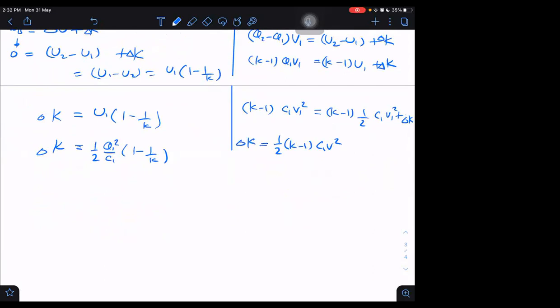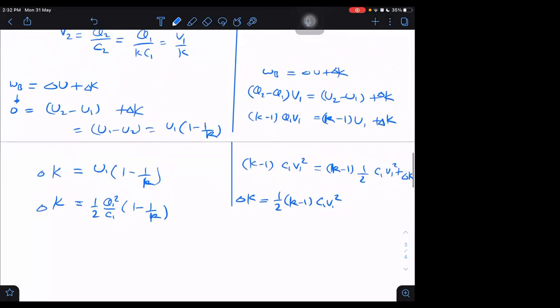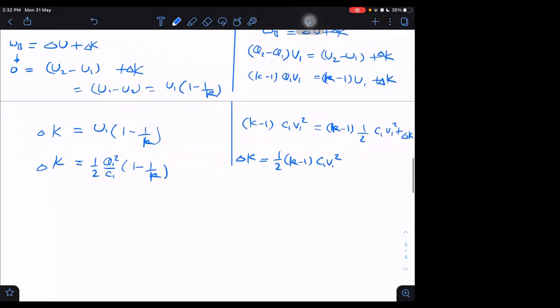This is only delta K. From now onwards I will write k as small k, not capital K, because it is creating confusion. I am not going to change it in all the places. Here in these last steps, capital K is kinetic energy and small k is the dielectric constant.